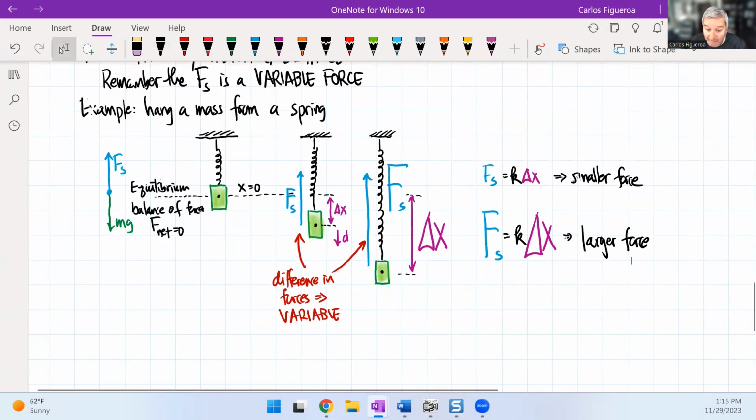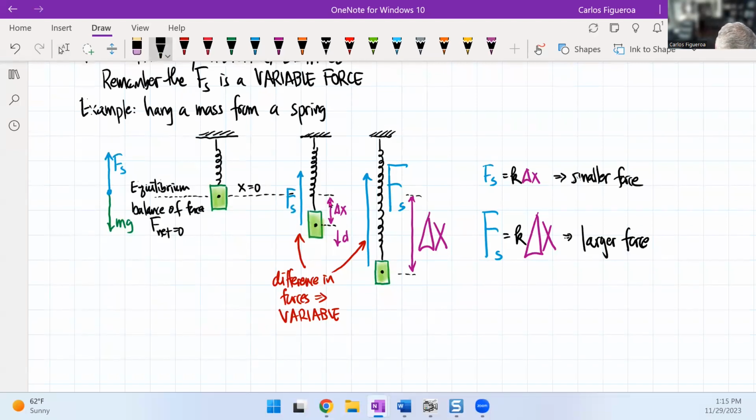And therefore, that's what we mean by a variable force. There's a change in force with its relative distance. So as I stretch this, if I call this state number 1, and I call this number 2, the amount of work to stretch to 2 has to be greater than the amount of work done to stretch to 1.